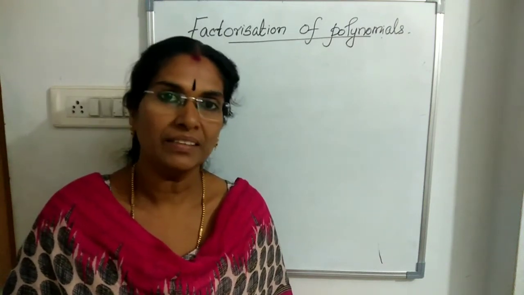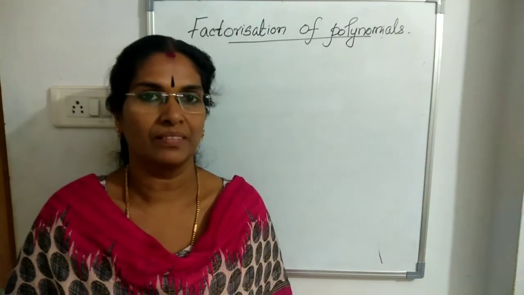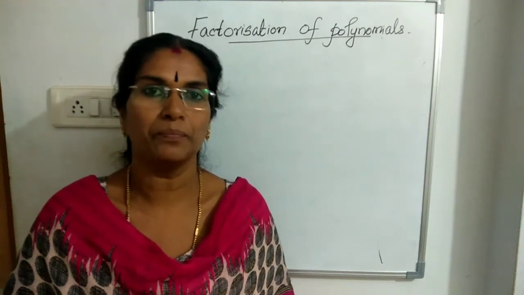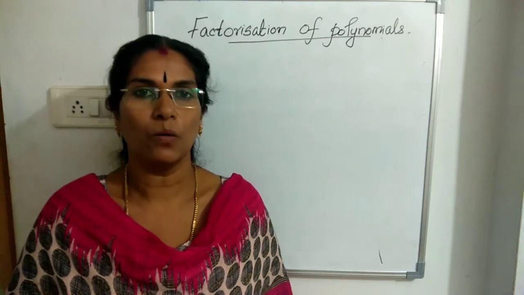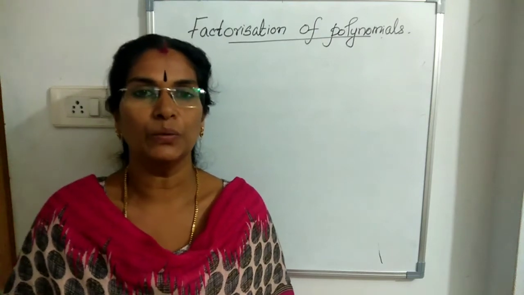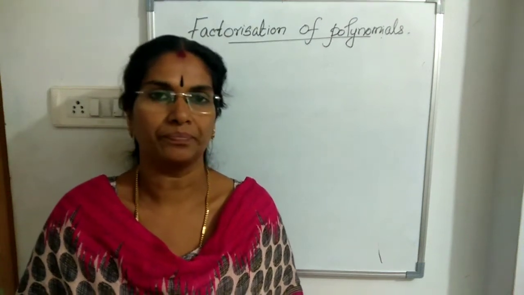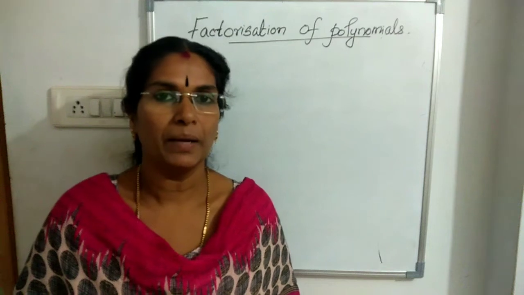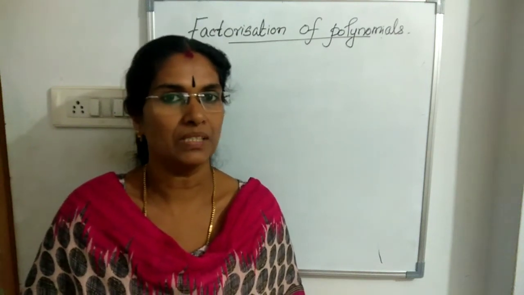Do you remember that? The first one: (a plus b) whole square equals a square plus 2ab plus b square. The second one: (a minus b) whole square equals a square minus 2ab plus b square. The third one: (a plus b) into (a minus b) equals a square minus b square.